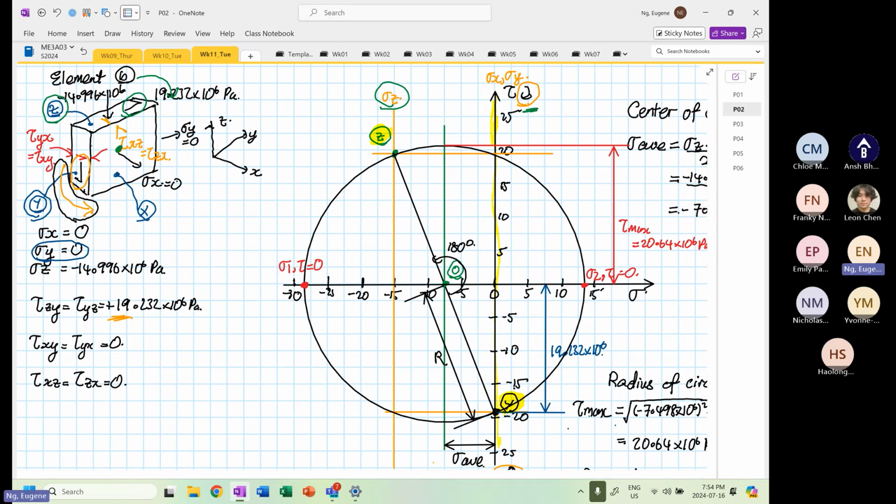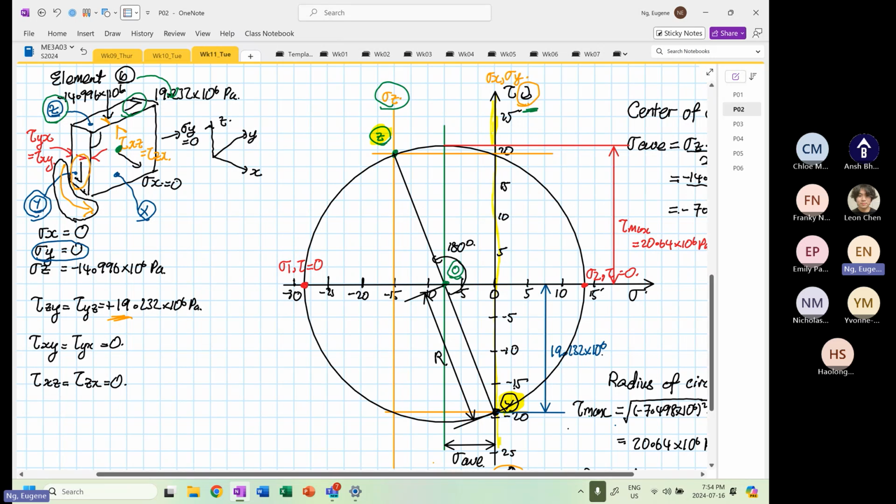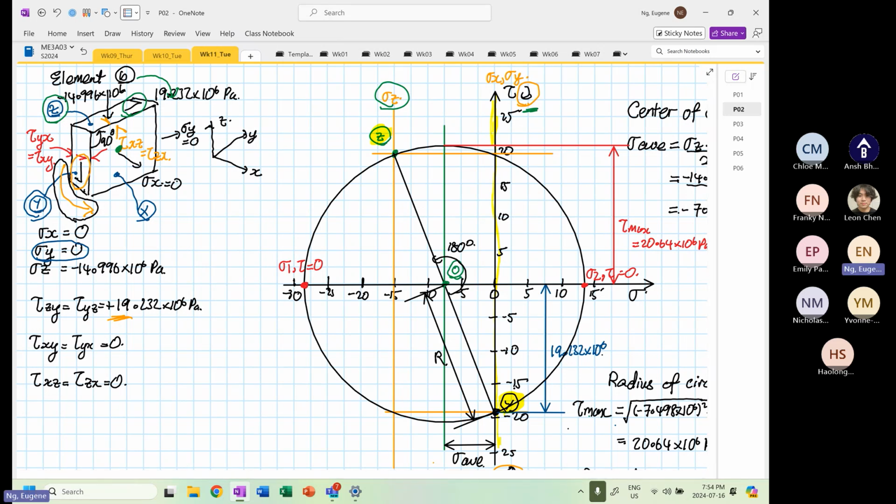On the element from point Y to point Z is how many degrees? 90 degrees, right? So on the element is 90, okay? On Mohr's circle is what? 180 degrees. So that's why it's twice. So anything on the element is half of that on Mohr's circle, okay?